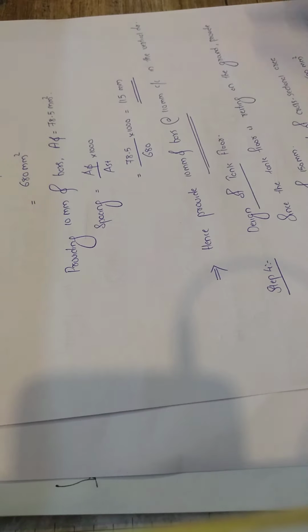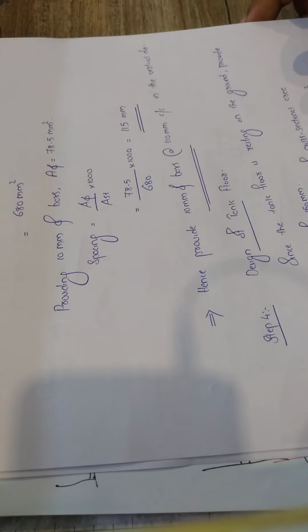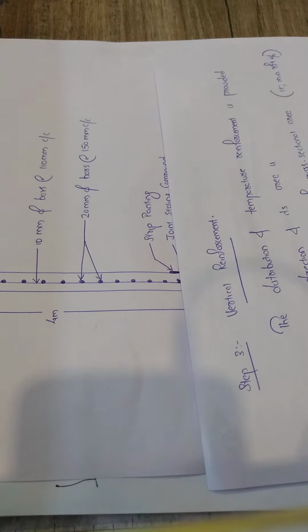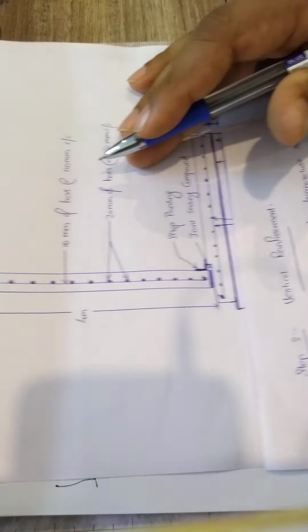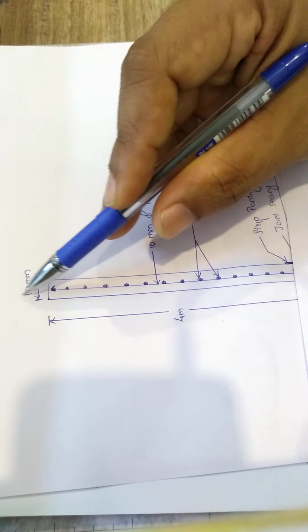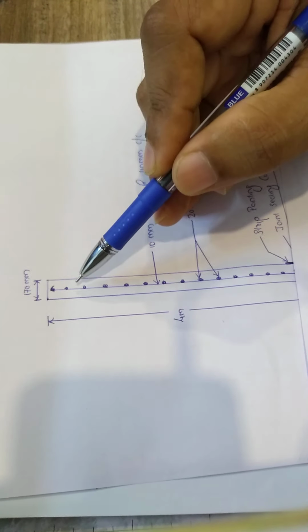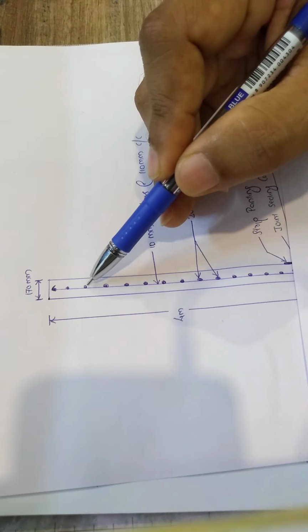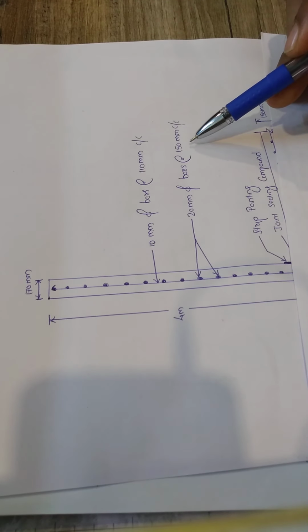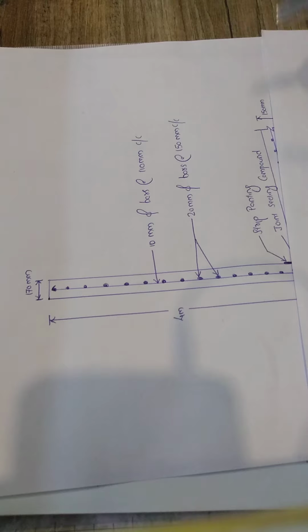So step 3, what is remaining, is the vertical reinforcement. Through step 2, we designed the section thickness. We found out the hoop reinforcement, that is 20 mm dia at 150 mm center to center, and what is remaining is only the vertical reinforcement, right?